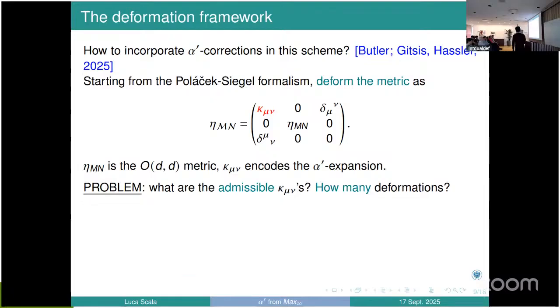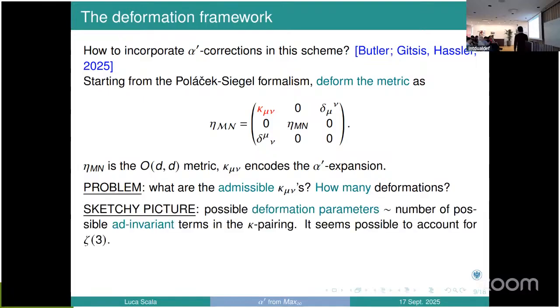The problem is, what are all the admissible kappas you can put? What are all the possible deformations of this model that you can capture? How many of them are there? Until now, they were showing that you can recover this generalized Bergshoeff-de Roo tower of corrections. But for instance, what about zeta 3?